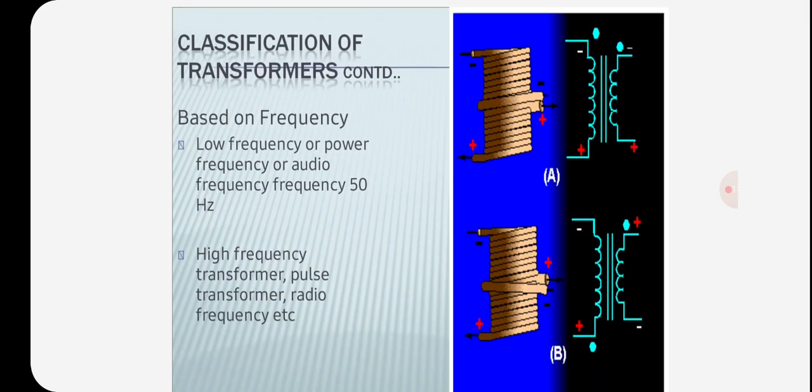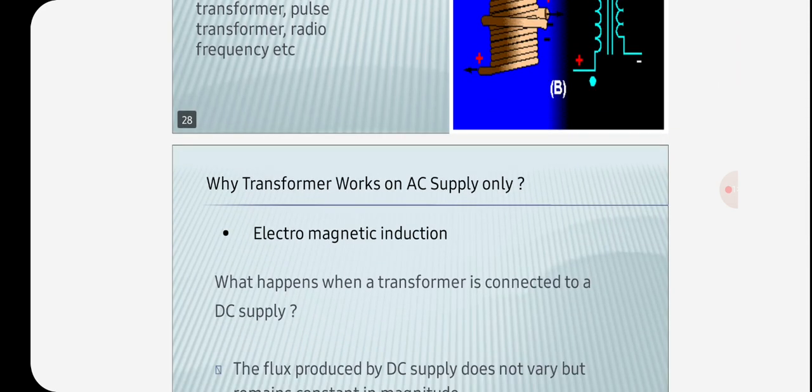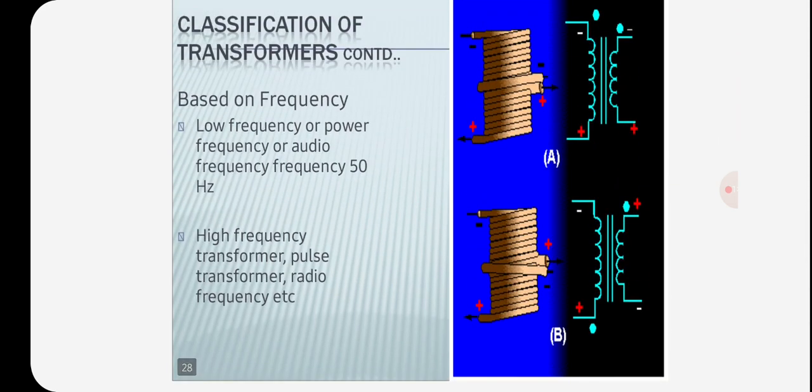Again, the classification based on frequency: low frequency or power frequency or audio frequency, 50 Hz, and also it is classified as high frequency transformer, pulse transformer, radio frequency, etc. So this is the classification of the transformer.